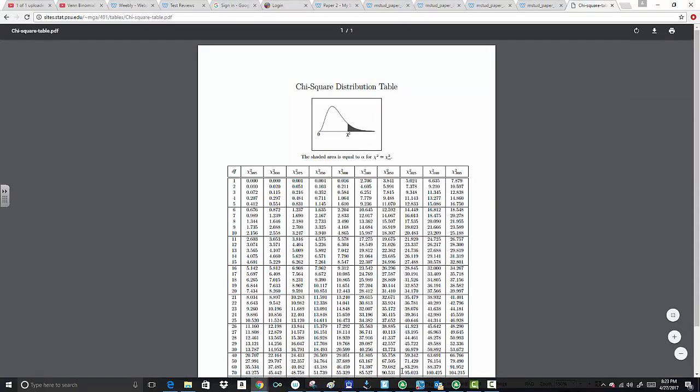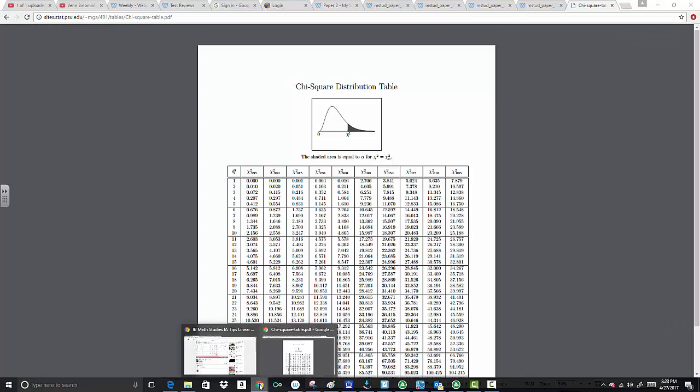Okay, so we're looking at a critical value table. They generally look something like this, okay? They can vary a little bit, but it really depends on whether or not the area they're giving you is to the right of the chi-square statistic or to the left. So be careful here. In this case, it's to the right. So we're going to look at the area to the right. This is our significance level, is what they're telling me, okay? The area shaded is equal to alpha.